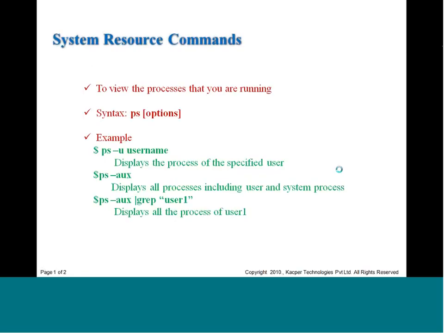To view the processes that you're running, the simple command is ps, or process status. If you do ps -all or ps -A, that displays all the processes that are running on that particular CPU. Linux is a multi-CPU system, and it's also multi-user and multitasking, and all of that is represented in ps.